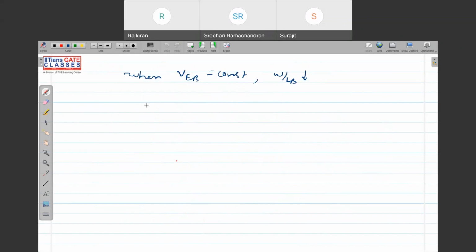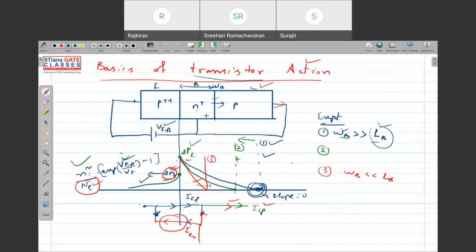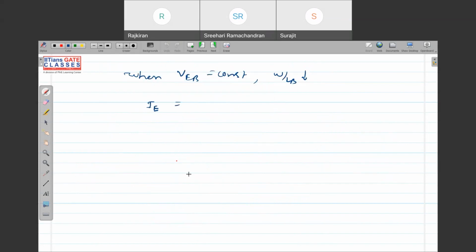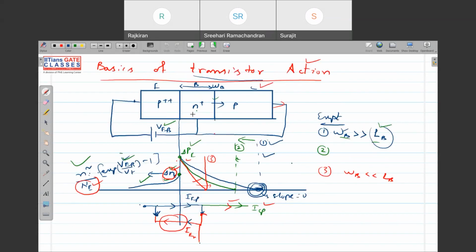So IE, the emitter current. Emitter current is nothing but your IEP plus IEN, right? It equals IEP, the injection of holes from emitter to base, plus IEN, the injection of electrons from base to emitter.